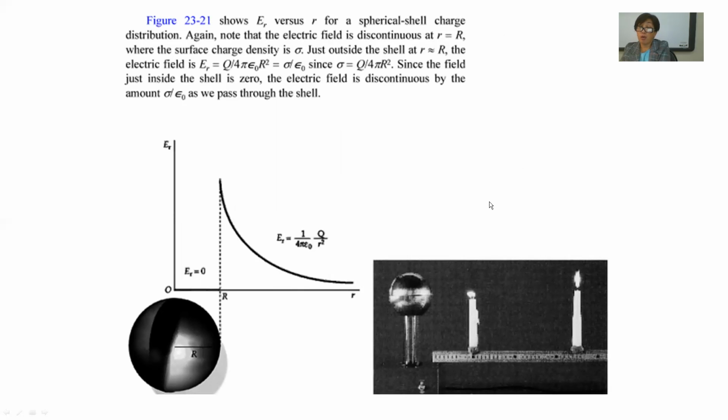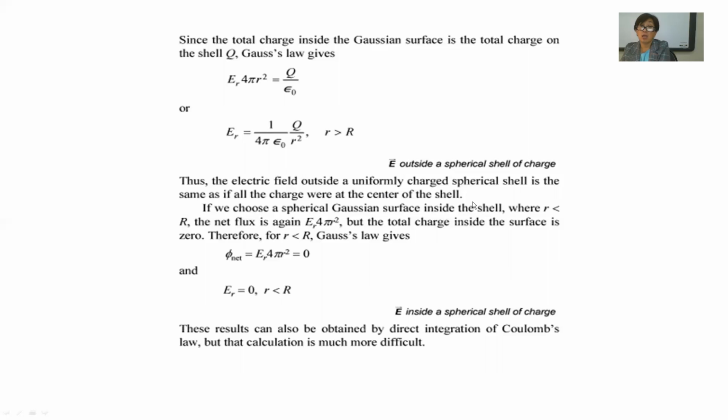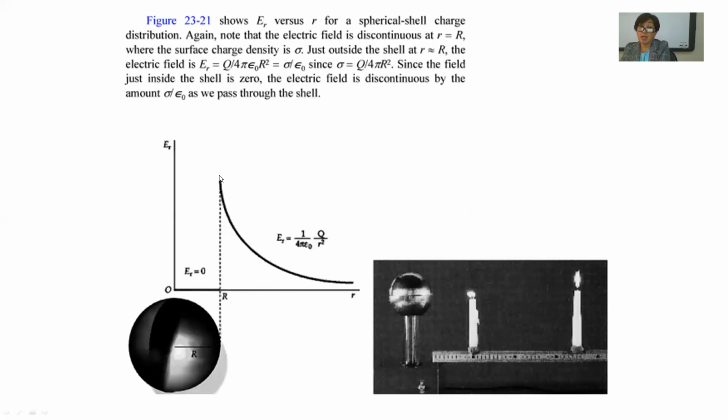And here we know the formula of the electrical field intensity. The electric field is proportional to 1 divided by r square. Inside, the electrical field equals 0.